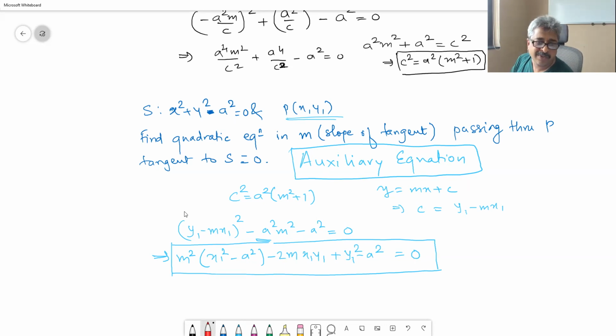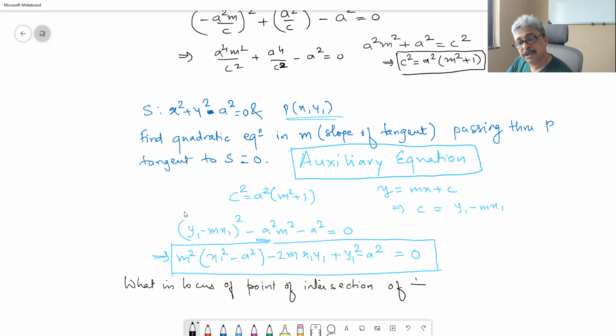Now, if we have this equation, then what is the locus? Next question I can ask immediately is, what is locus of point of intersection of perpendicular tangents?